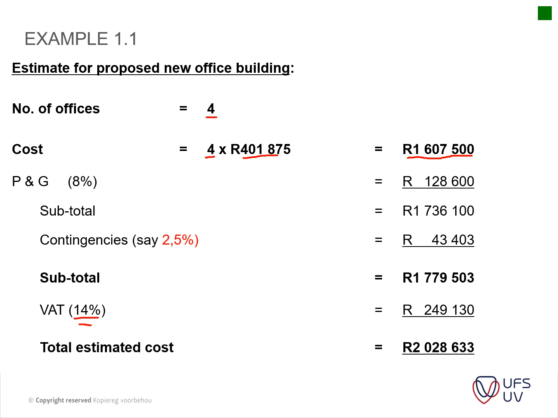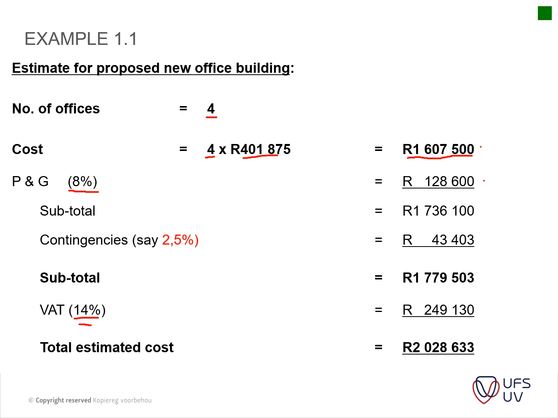So we've got our estimated calculation here of our new construction cost. We add 8% P's and G's to this. Usually we work on 10%, so this example has 8%. It's just to show you that it may change up and down. But usually if I do not provide it, or if you're in doubt, use 10%.